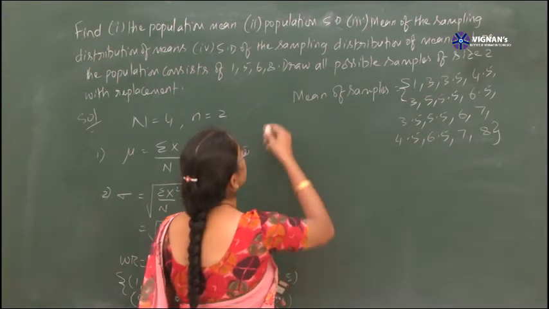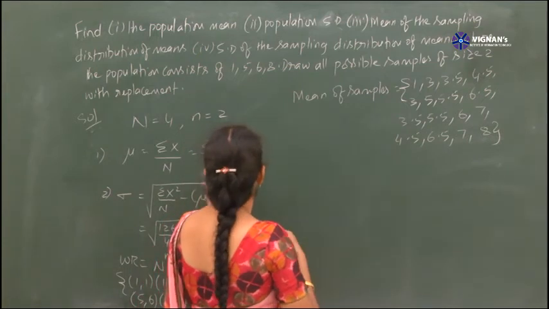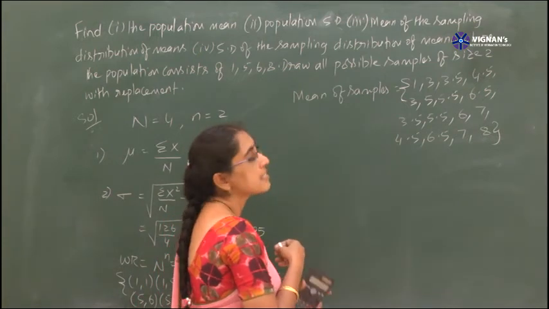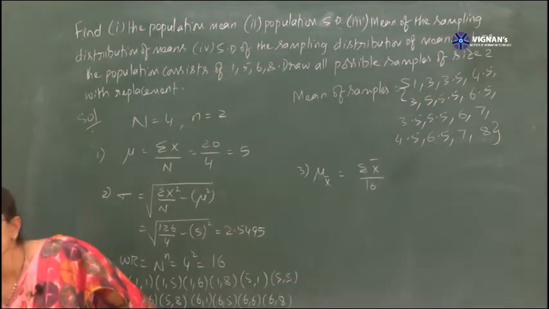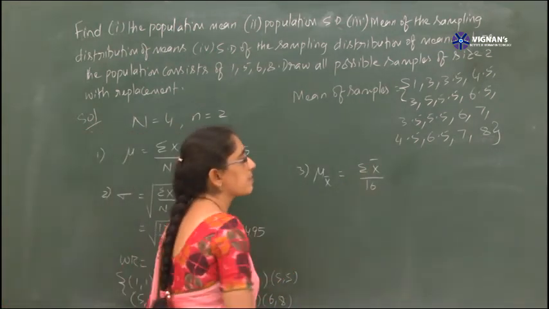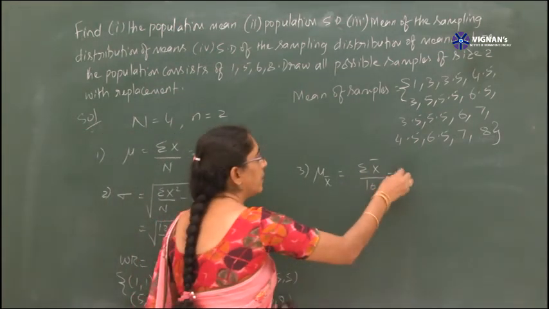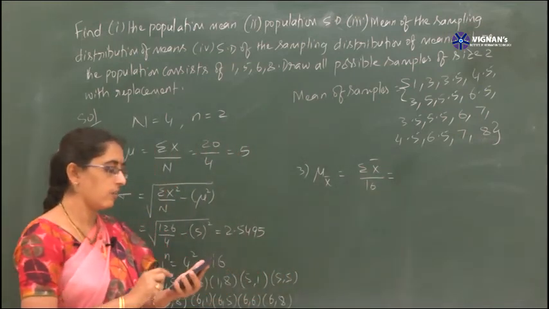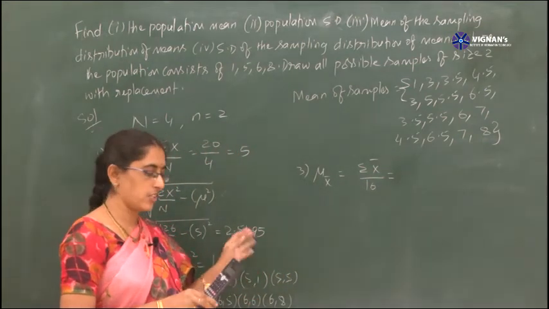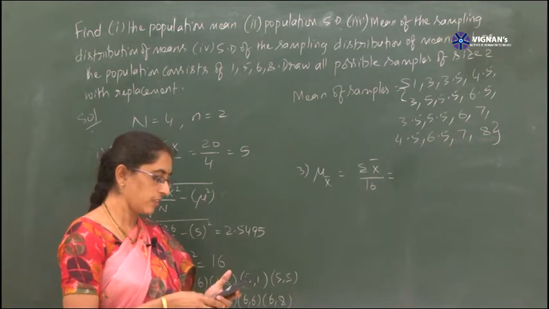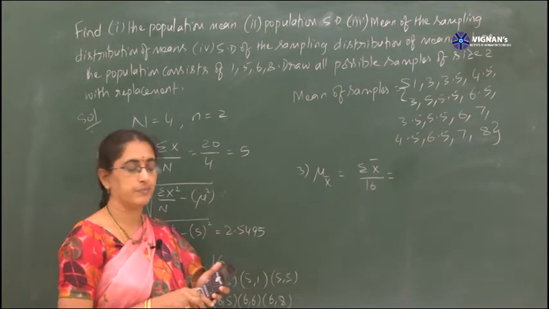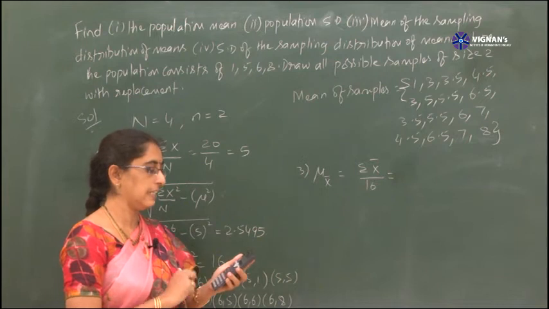Now we have to find the third bit: the mean of the sampling distribution of means. So it is summation x bar by 16. Again, delete the data you entered for the population, then go with the means data. Go to regression, linear.